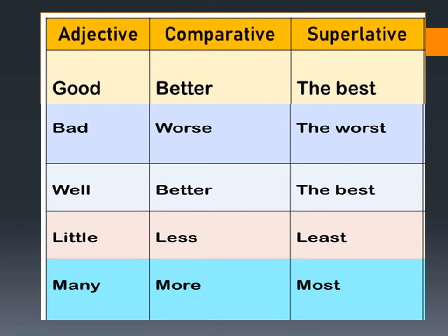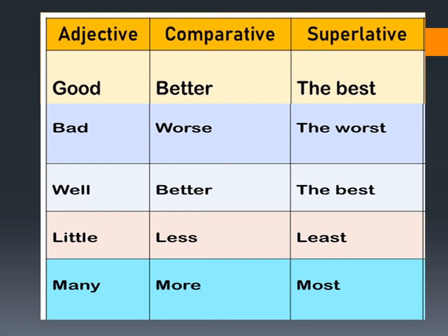Now these are few examples to show the irregular adjectives. The first column is positive degree, second one is comparative degree, and the third one is superlative degree. Remember children, irregular adjectives are the adjectives where comparative and superlative forms cannot be formed from the positive form. We have to make new words every time. Those are irregular adjectives.